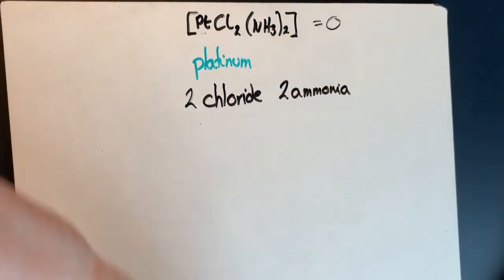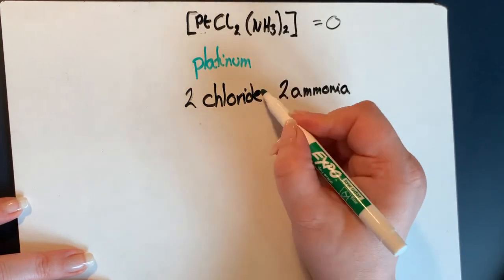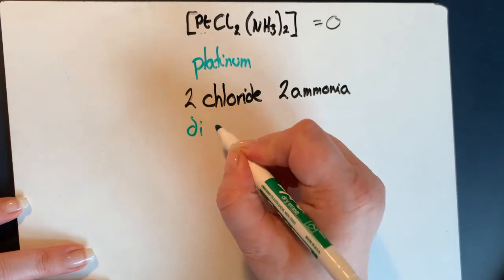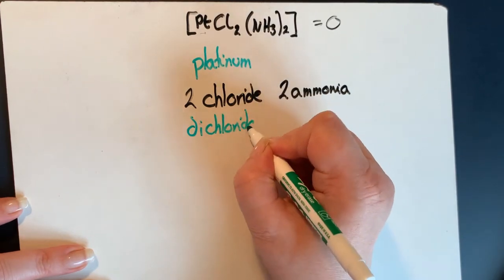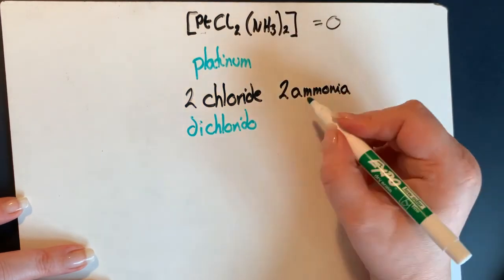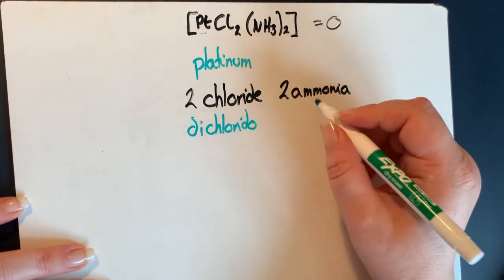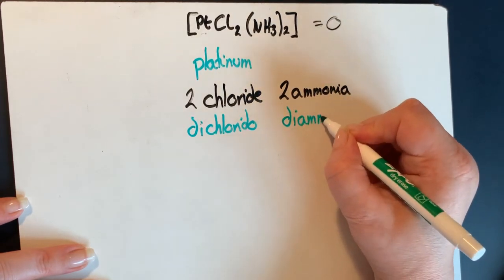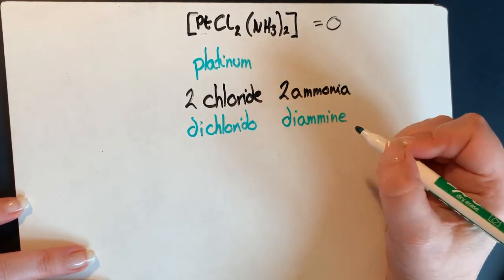So the names for those parts will be: chloride is negative, so we're going to lose the E and turn that into an O. So we'll have dichlorido. And over here, ammonia will be called the amine ligand. So we'll have diamine, remembering the two M's.